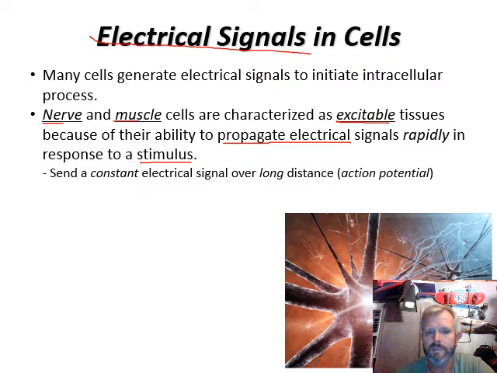It's able to send this electrical signal over long distances. Remember, these axons can be several feet long, so we're able to send this electrical signal down those long axons, and it allows us long distance communication and coordination by using these neurons.